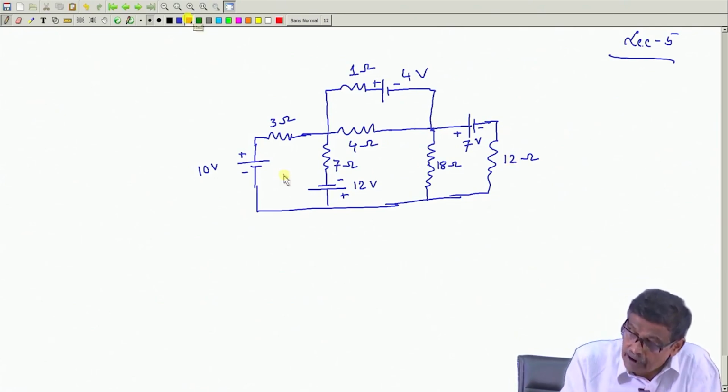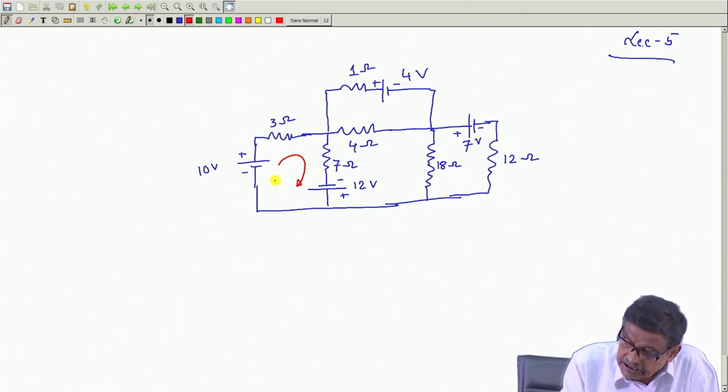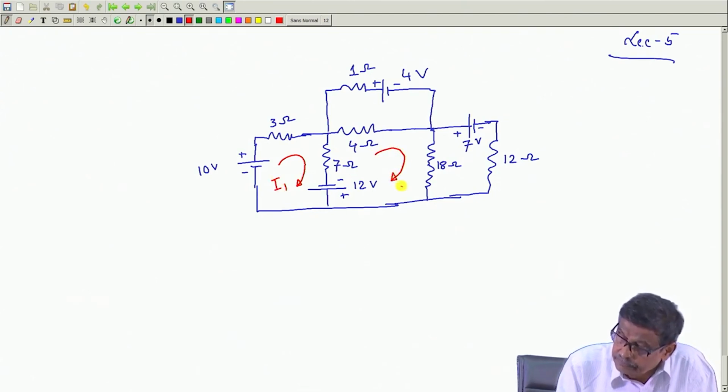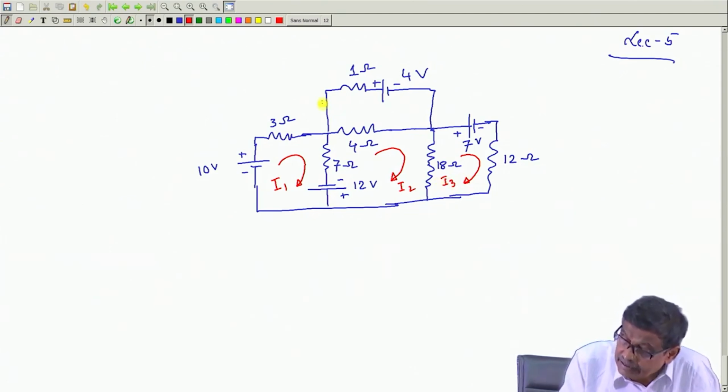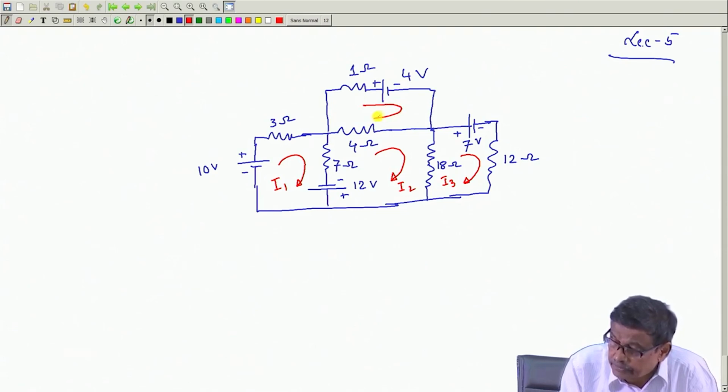Then what will I do? I will assume the currents, assigning a current to each mesh: I 1, I 2, I 3, and this is another mesh within which nothing is present, and this is I 4.